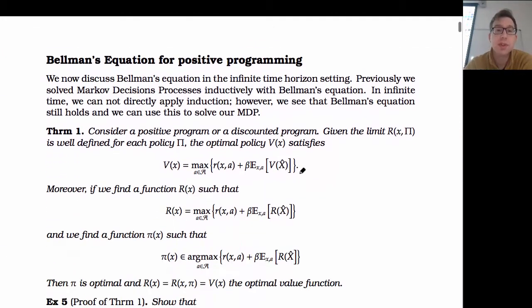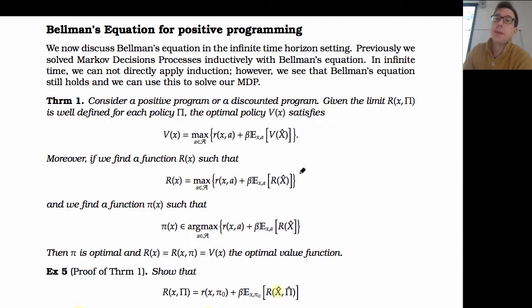So let's just recall the result. Here we consider a positive program, so that's maximizing positive rewards, or a discounted program. Much of the proof, in fact all the proof, works for discounted programming as well.